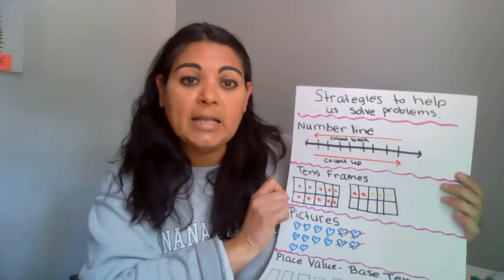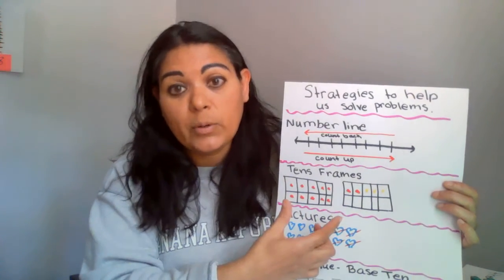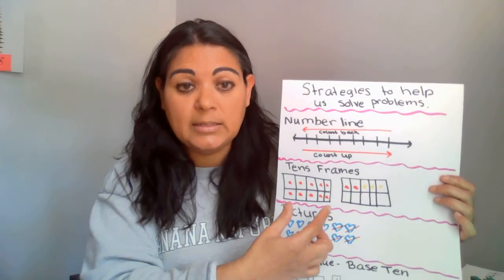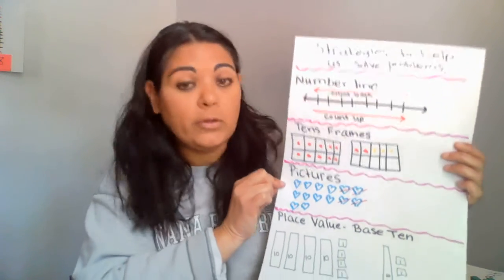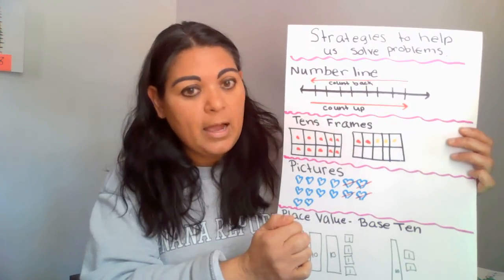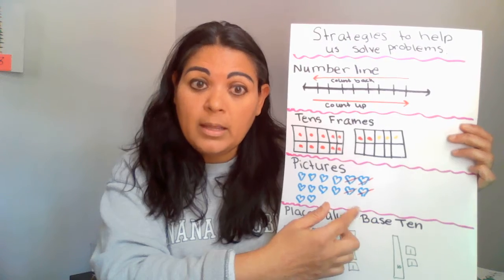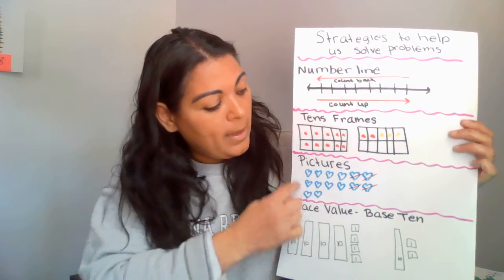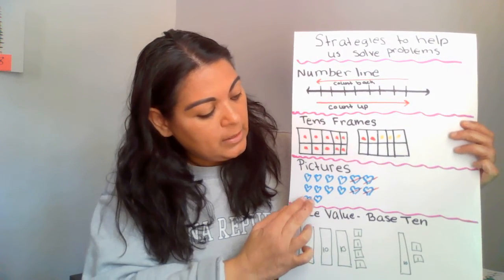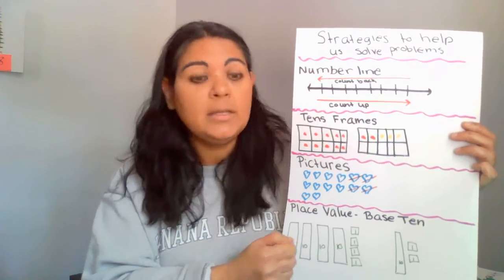We also use the tens frame to help us solve problems if we were adding or subtracting different amounts. We've used pictures, okay? So in this picture altogether, I have 14. I took away how many? 4. And so the amount that I have left is 2, 4, 6, 8, 10. I have 10 left.